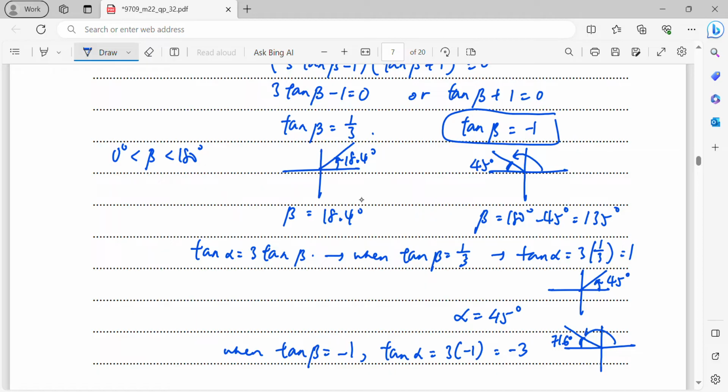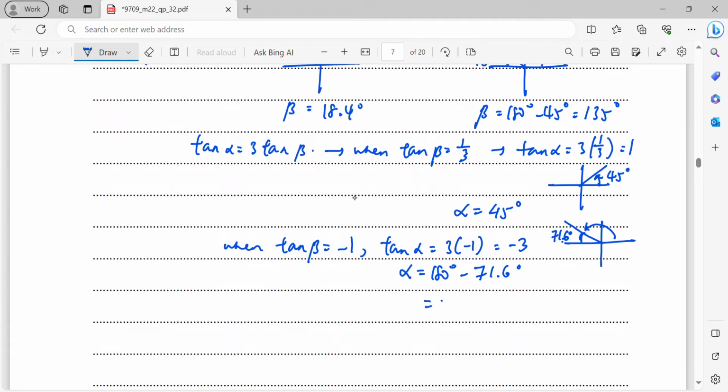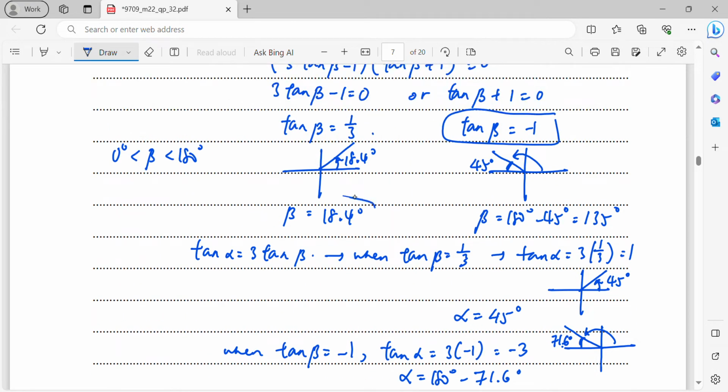But then our angle is the major angle. So now my alpha is 180 degrees minus 71.6 degrees, which is 108.4 degrees.